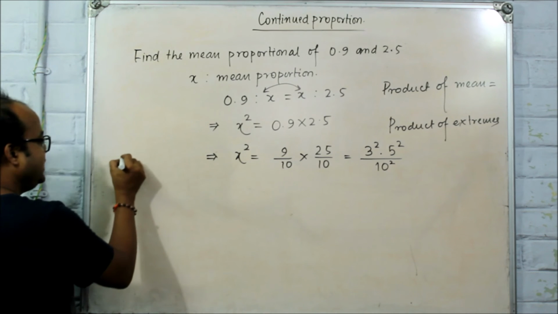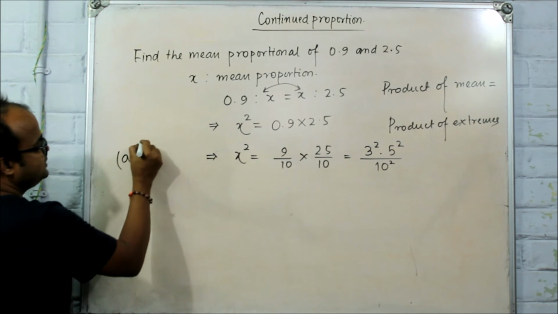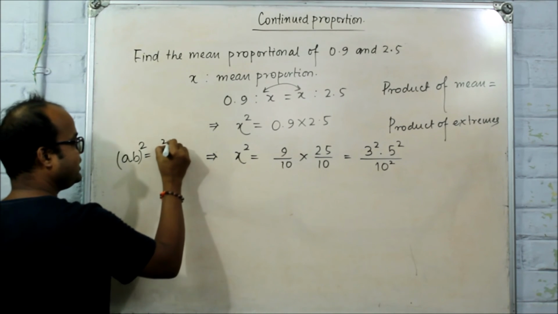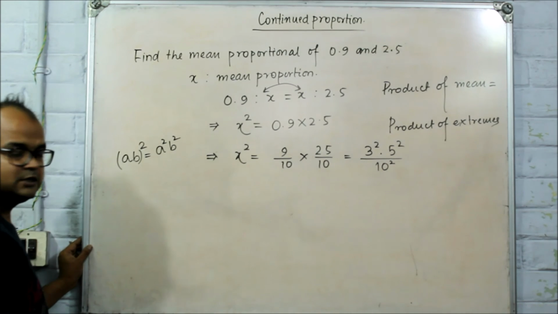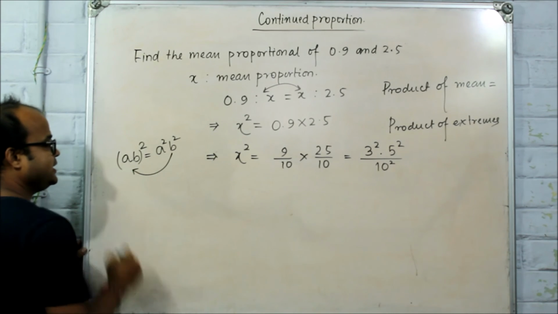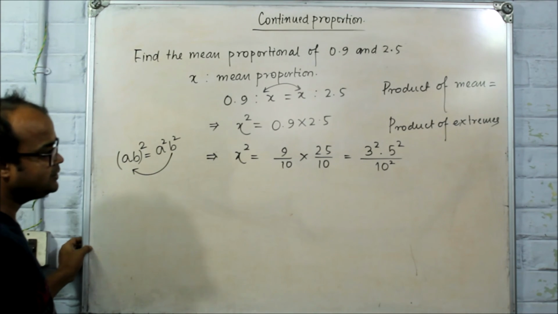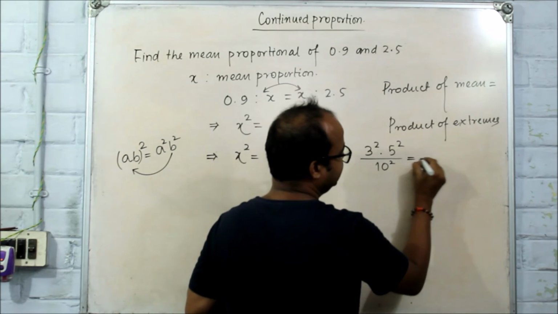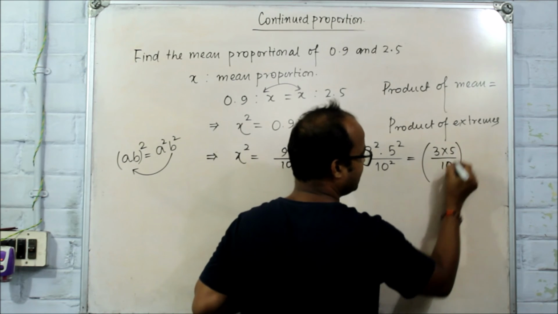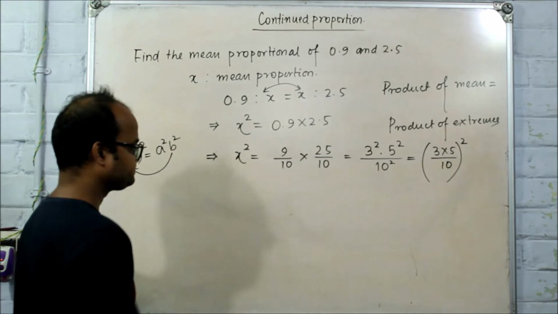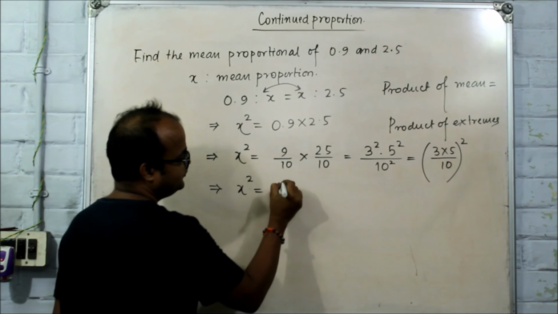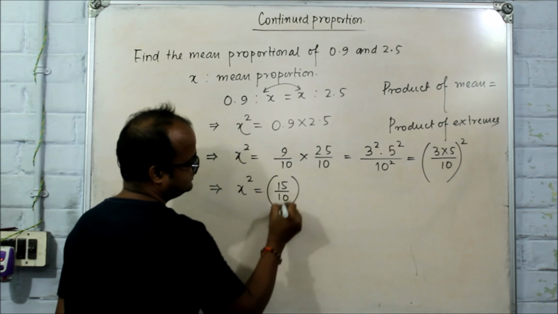Now if it is the square of AB, you can write it as A square B square. Similarly, if A square B square is given, you can write it as the square of A into B. Same way, this is the square of 3 into 5 by 10. That means x square can be written as 15 by 10 square.